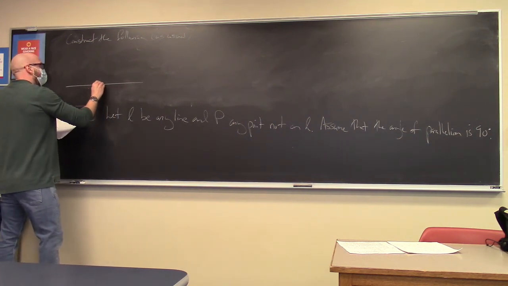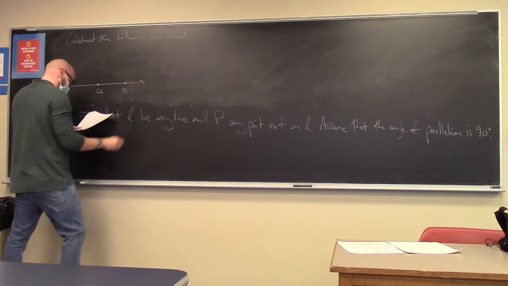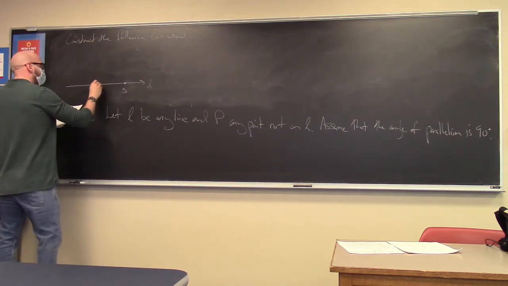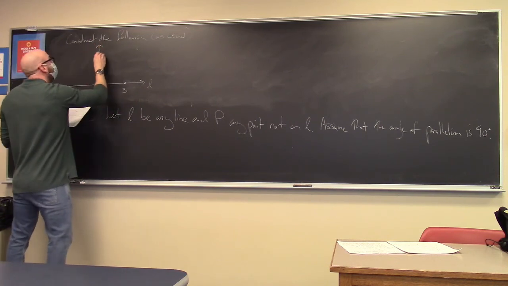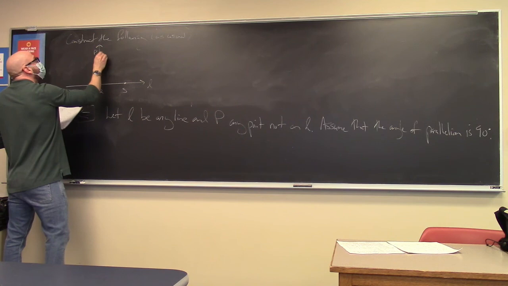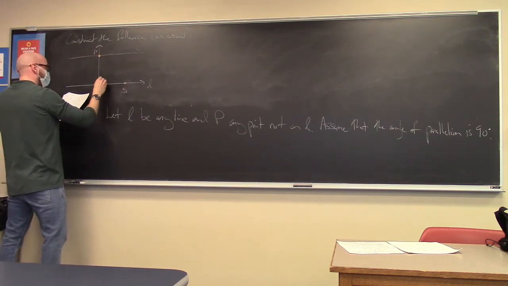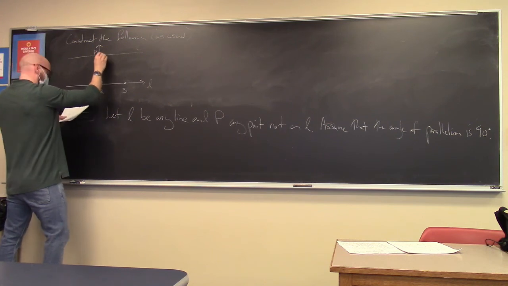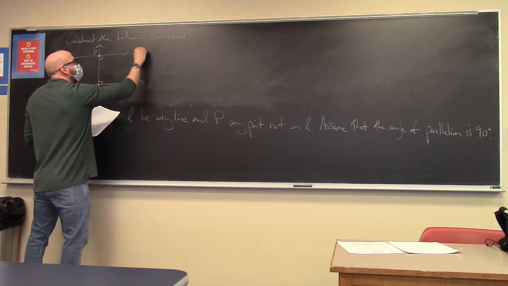Here I've got Q and S, which is my line L. We'll toss in the perpendicular. Then I've got P, and we'll toss in the perpendicular here. These two lines are, of course, parallel.